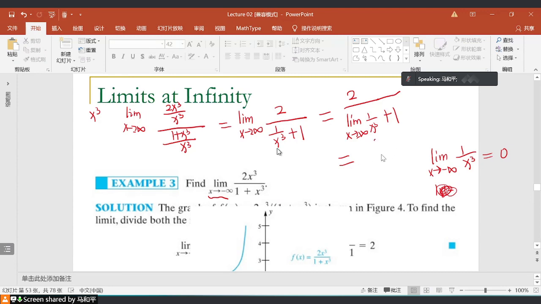So it's 2 over 0 plus 1, which is 2. The answer is 2.